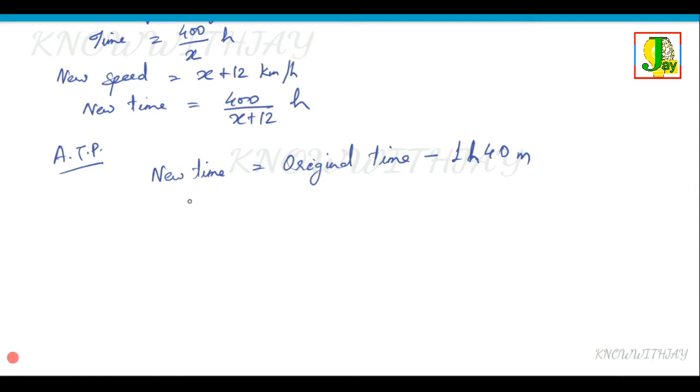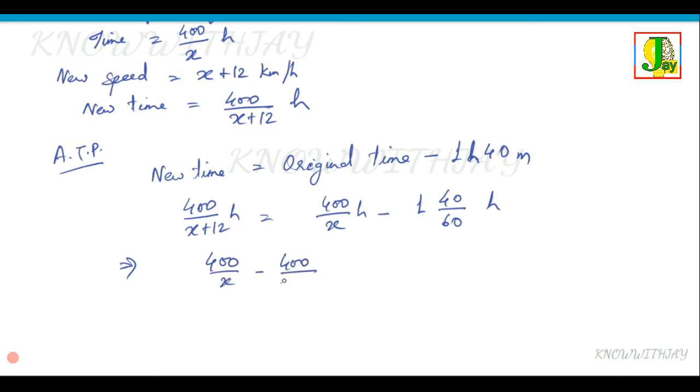So we have 400 by x plus 12 equals 400 by x minus 1 hour and 40 minutes, which can be converted to hours as 40 by 60. So this is now in hours. So we have 400 by x minus 400 by x plus 12 equals, this goes to the left side, 1 hour and 40 by 60, 5 by 3.